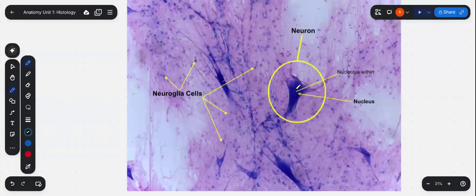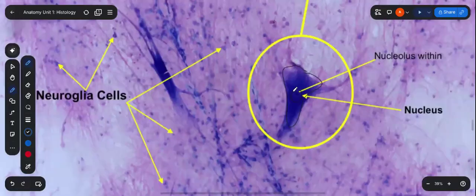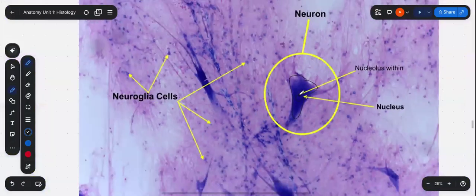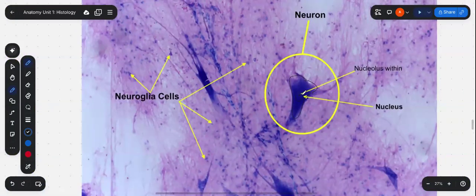Then you have your nucleus, which is this lighter blue circle in the center. And it might be a little bit hard to see, but I'll zoom in. Right in the middle of this lighter blue circle, there is a singular dot over here. That dot is your nucleolus. So it goes nucleus and then nucleolus within it.